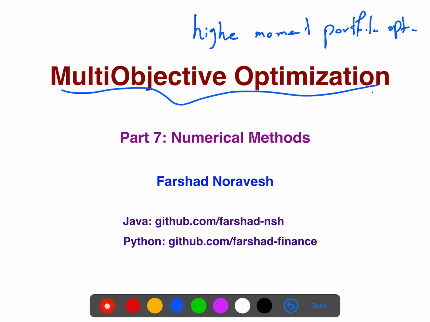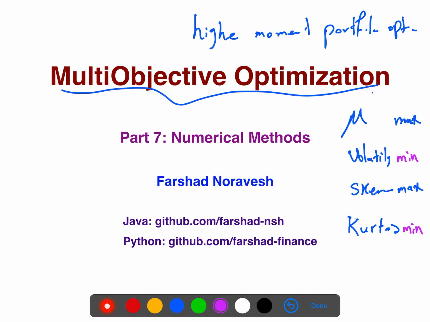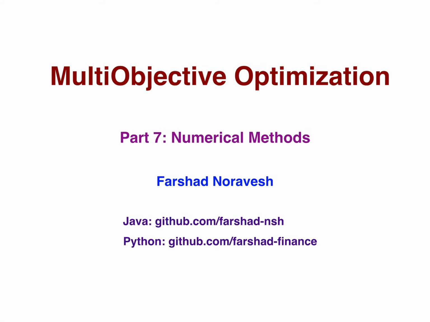So we need to write some code in order to solve this optimization problem, where we have mean, we have variance, volatility, we have skewness, which is the third order moment, and finally we have kurtosis. So we want to maximize mean and maximize skewness, and we want to minimize volatility, and we want to minimize kurtosis.